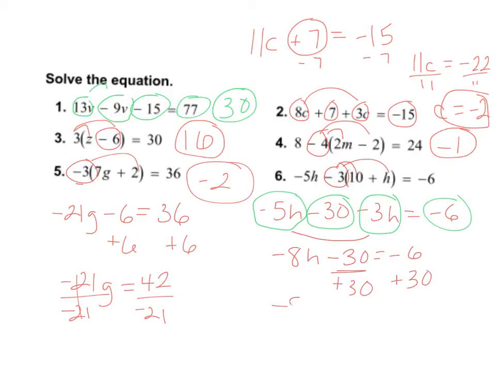That's going to give me negative 8h is equal to negative 6 plus 30, which is positive 24. Divide by negative 8. H is equal to negative 3. And that's how you do the 6 problems on the warm-up. Let's jump into the lesson.